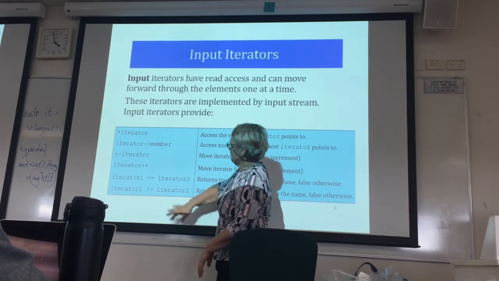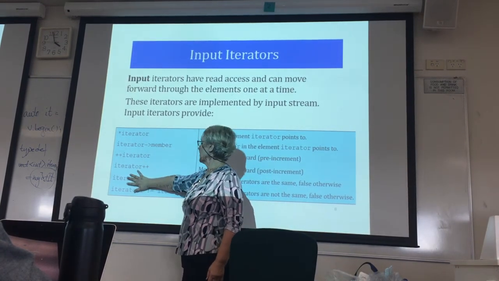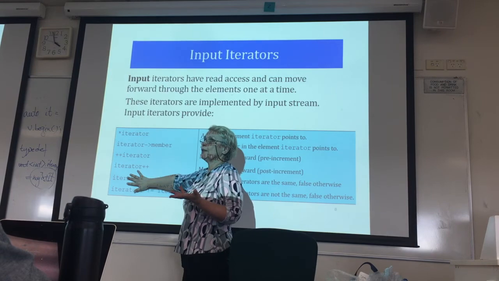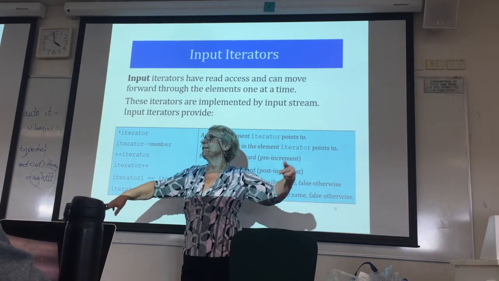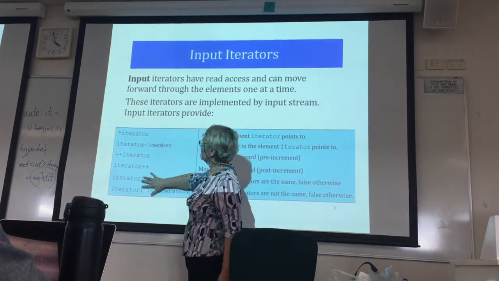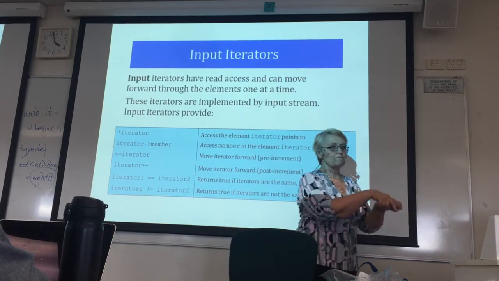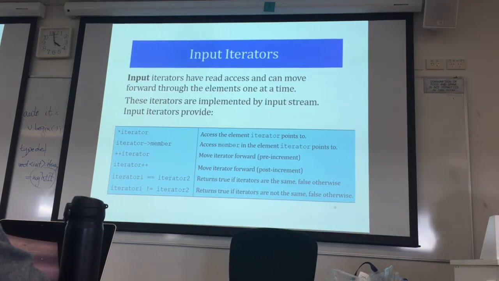If an iterator provides only these operators, all we can do with it is to display to the screen, or, with an input iterator, to read data from a file or from the keyboard. Because we perform input and we read one element, then move next to read the next element. We don't go back to read the previous element again.